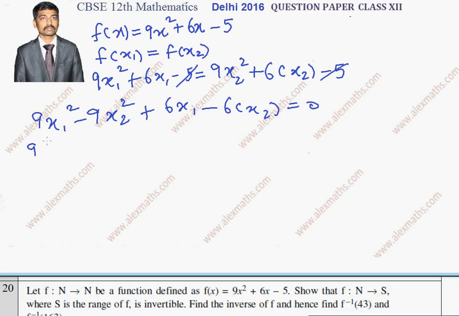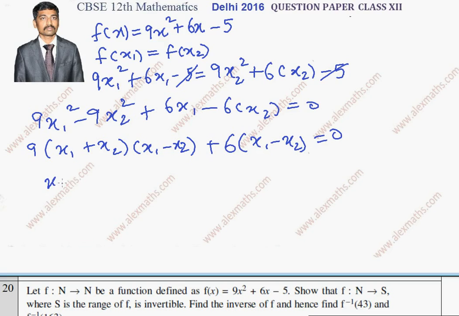So if I take 9 common, I can factorize this as x1 plus x2 into x1 minus x2, minus, sorry, plus 6 if I take common, x1 minus x2 equal to 0. Then we can take x1 minus x2 itself common. Finally we get 9x1 plus 9x2 plus 6 equal to 0.